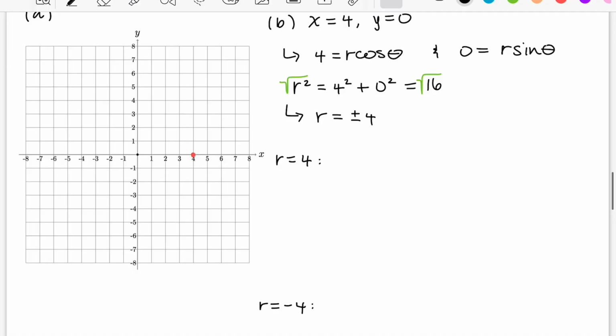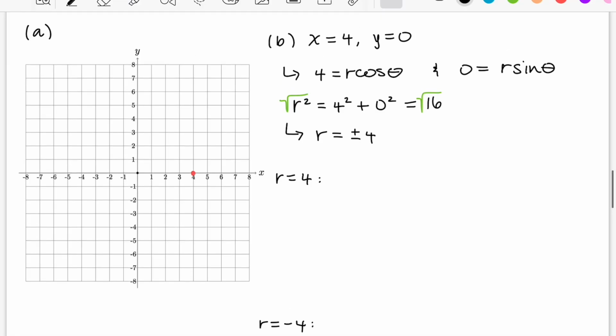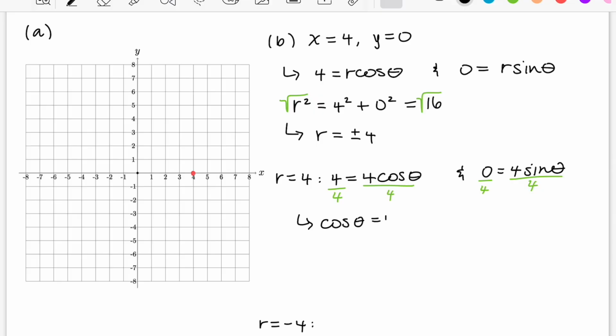Now if r is equal to positive 4, then we're going to use these 2 equations here. 4 is going to be equal to 4 times cosine theta, and 0 is going to be equal to 4 times sine of theta. Now what we'll do is solve for sine and cosine theta, so we can divide by 4 on both sides for both of these equations. Doing so, we end up with cosine theta being equal to 1.